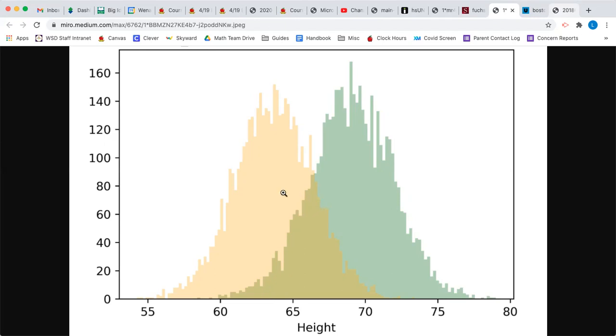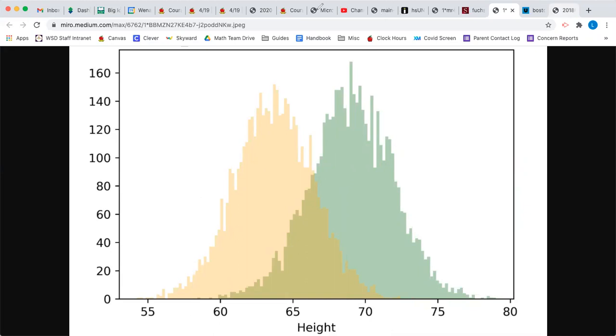And obviously, if we knew what our standard deviation was, it would tell us a tremendous amount about where 68 and 95% of the data is. It probably looks like 95% of women are between 58 and 68 inches tall, or 69 inches tall, something like that.